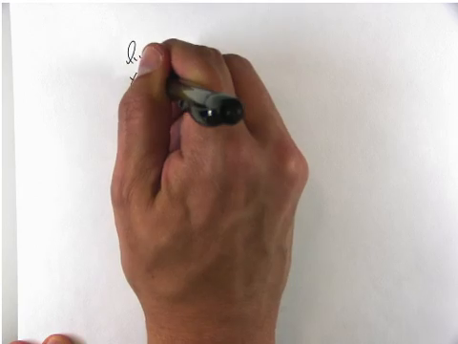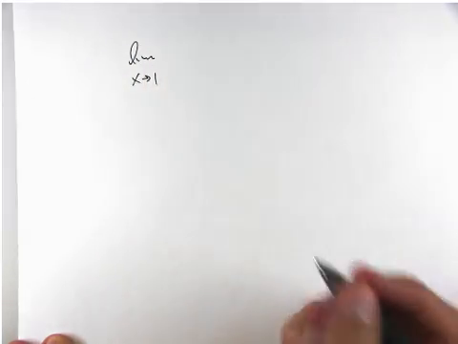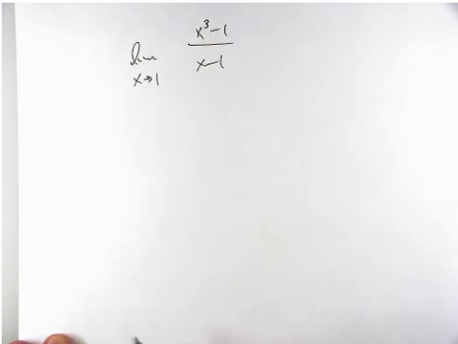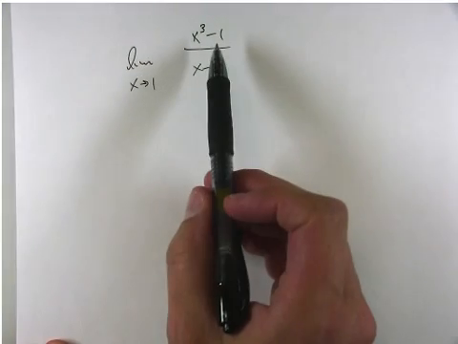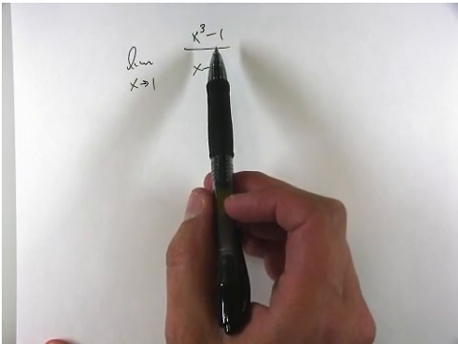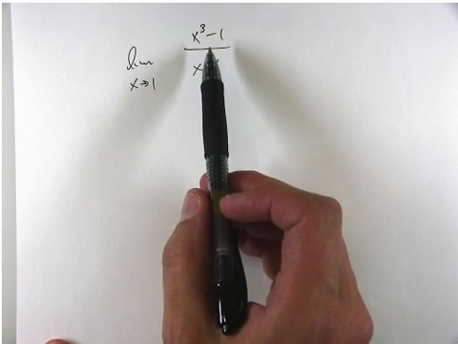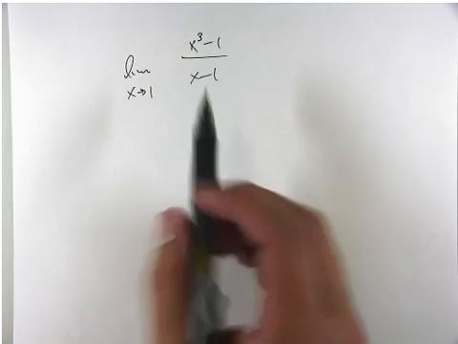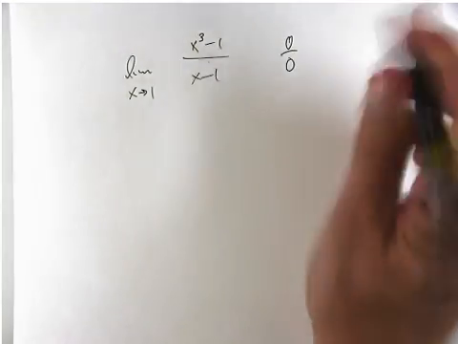Similarly, we might see something like the limit as x approaches 1 of x cubed minus 1 divided by x minus 1. Anybody know how to factor x cubed minus 1? Whatever. I don't care. Why? Because if I plug 1 in, it looks like 0 over 0.